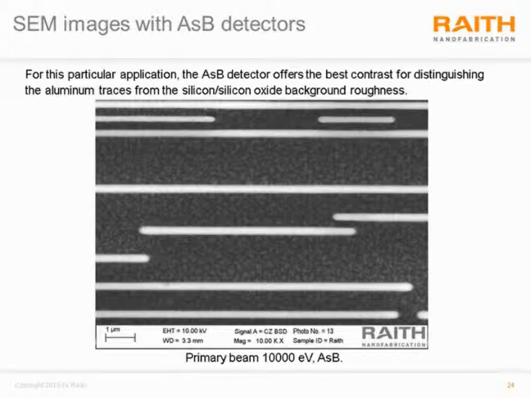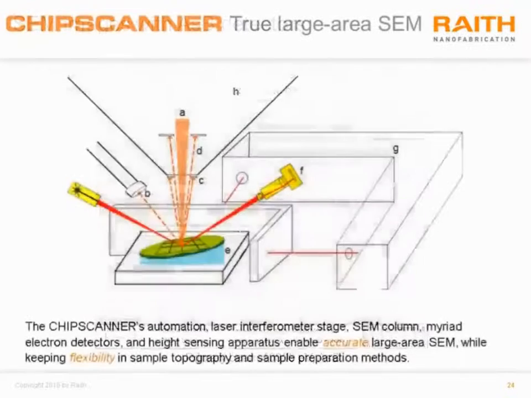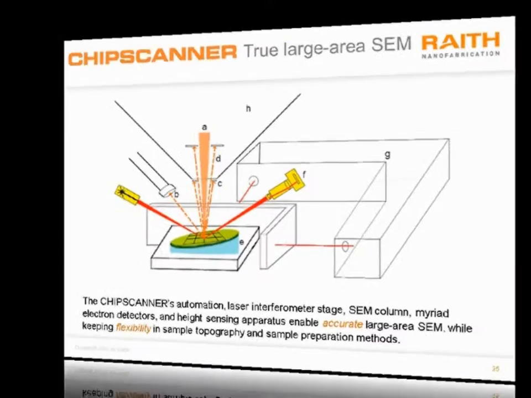And as for any traditional scanning electron microscope, the chip scanner does have all of these detectors and primary beam landing energies. Okay. And that point is driven home again by this schematic showing the three different detectors that can be used in the chip scanner.